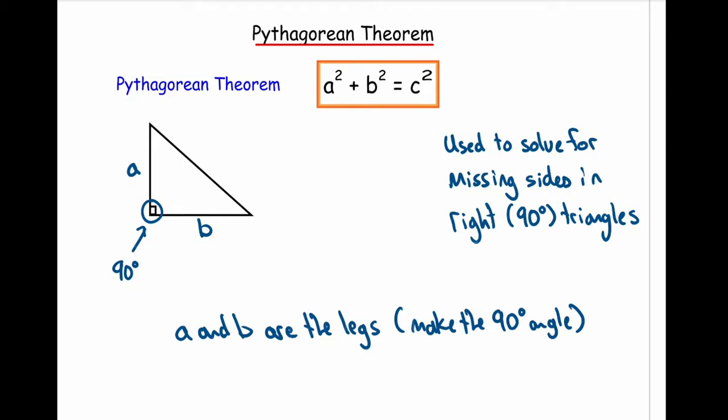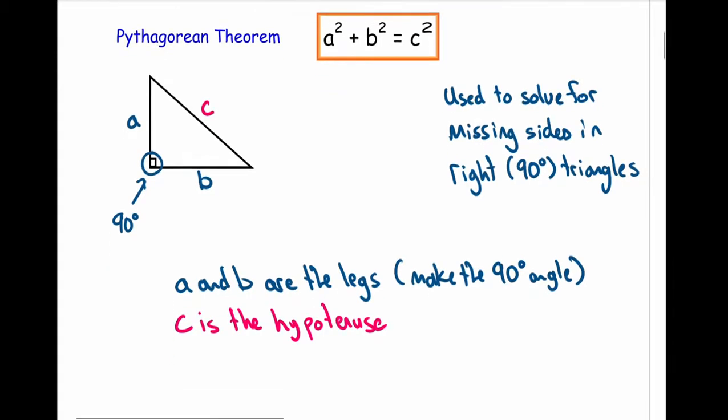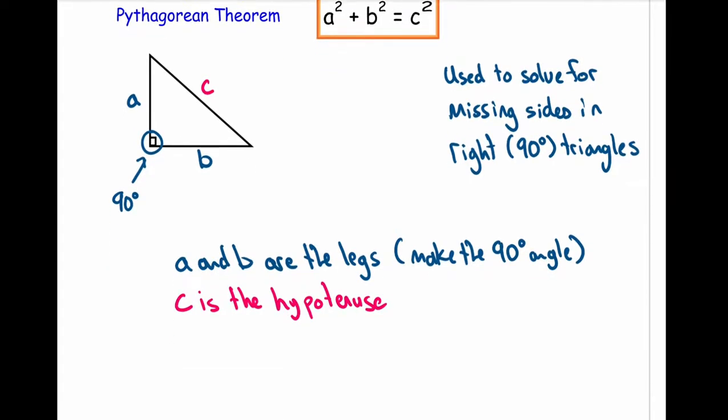The other value, the C, is the hypotenuse. And the hypotenuse is this last side over here, and there's a couple things that we can identify the hypotenuse by. One, it's the longest side of our right angle triangle.